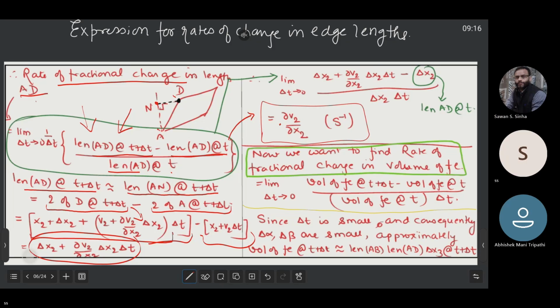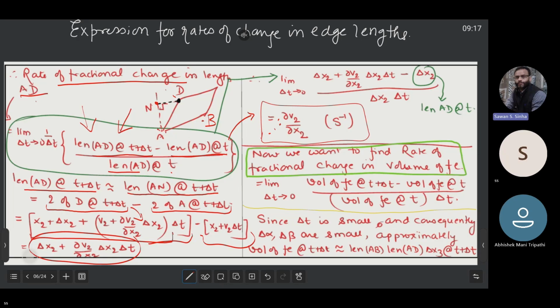So there is a pattern emerging. The rate of fractional change in length AB was del V1 del X1. AD is turning out to be del V2 del X2. So AB is the length which was originally along one direction, and that's why you got del V1 del X1.